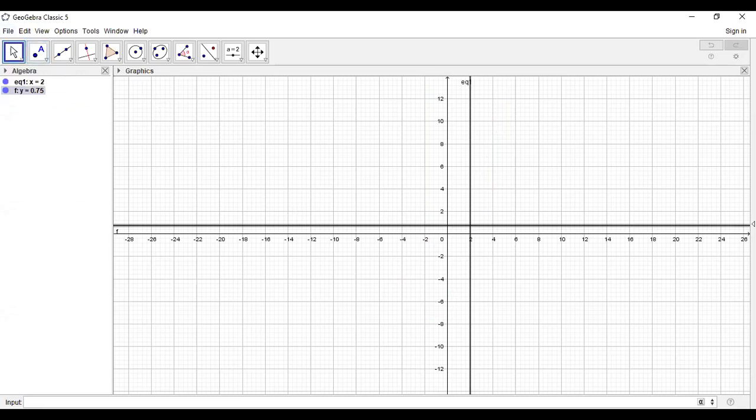Ngayon, itata-type ko yung ating function. S of x is equal to 3 over 2x, minus 4? Check natin.